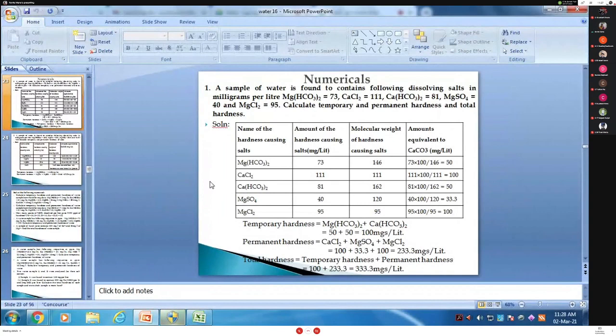Okay, these are the steps you follow. Make the column on your notebook, write down the salt, the amount of salt, molecular weight of the particular salt, and find out the amount equivalent to CaCO3.